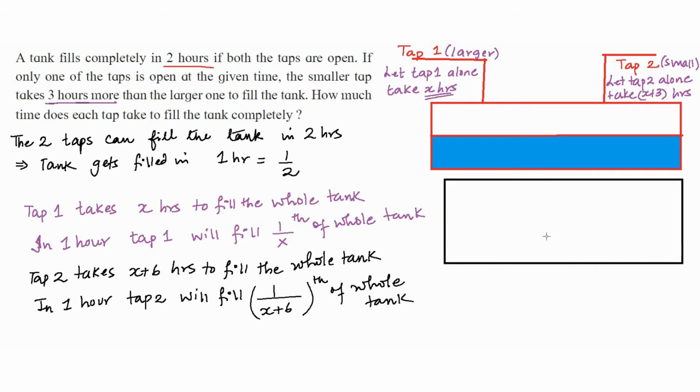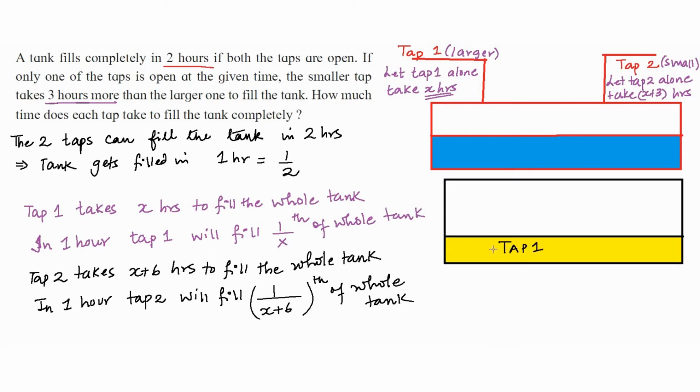So assume that this is the tank which is getting filled. 1 by x of the tank is getting filled by tap 1. So this particular region is getting filled by tap 1, right? So this is tap 1.